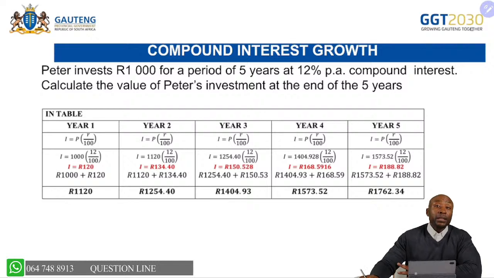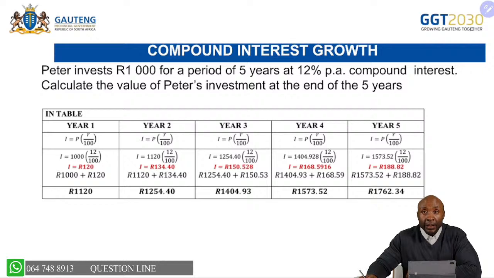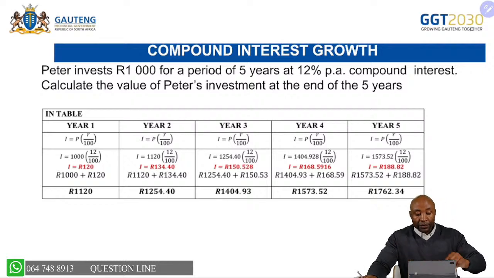That becomes the principal amount for the second year. And you will realize that the interest earned at the end of the second year will be 134 rand 40 cents. It's no longer the 120 that we got for the first year.